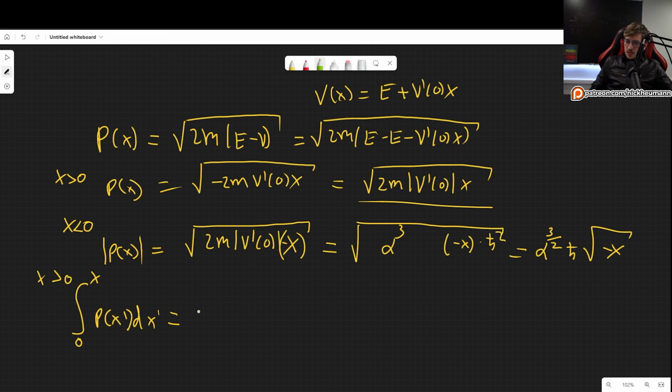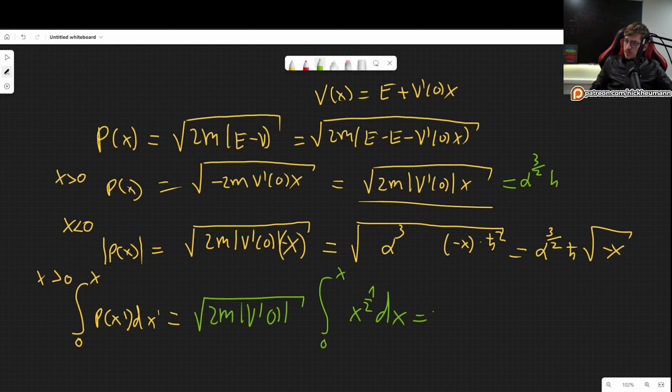Maybe let's change colors. So we get square root of 2m, right? We can just pull all of this part out of the integral. And then we integrate simply x to the 1/2 dx, which will give us, and again, well, actually, we didn't use the alpha notation here. We should have done that. So this thing right here, just as it is underneath, this is alpha to the 3 over 2 h bar square root of x.